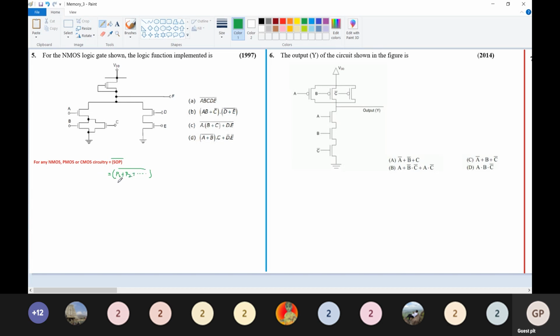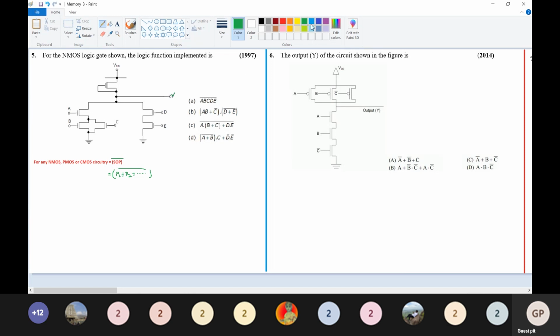Each product term is a parallel path from the output terminal to the ground, arranged in parallel between the output node and the ground.